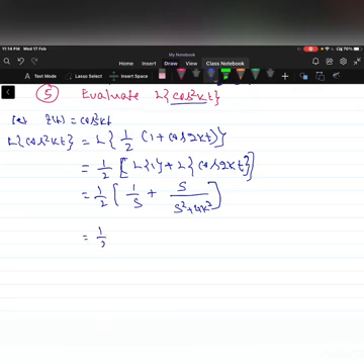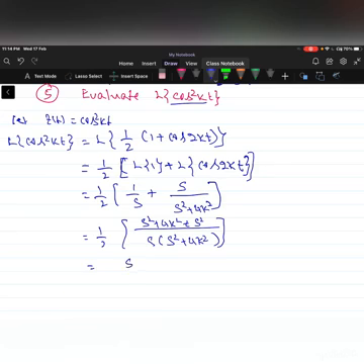So let us take the LCM, s into s square plus 4k square. So 1 into s square plus 4k square in the numerator plus s square. So this implies s square plus s square, 2s square, and plus 4k square, 2 get cancelled.